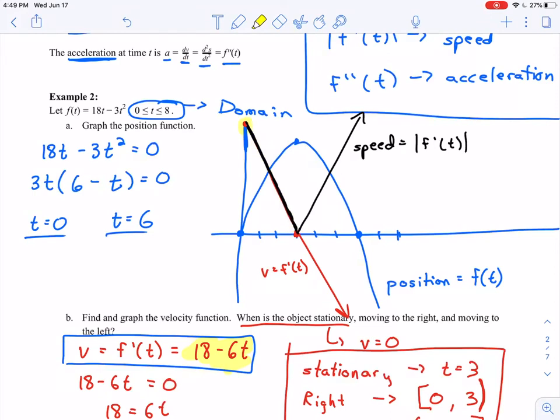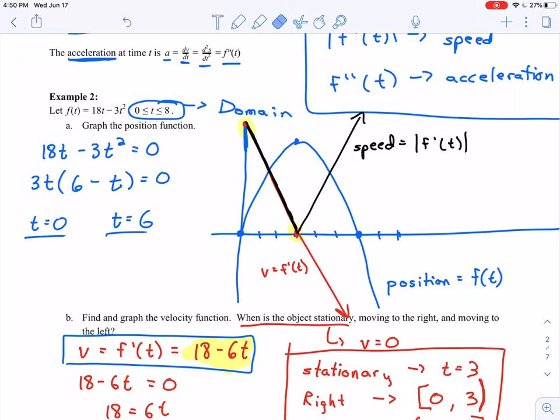My speed starts off positive over here, it ends up at 0, and in between it's getting closer and closer to 0. If my speed is 0, I'm stopped. Sounds like I'm slowing down. If I start off with a positive speed and end up at 0, I must be slowing down. That's not increasing speed.